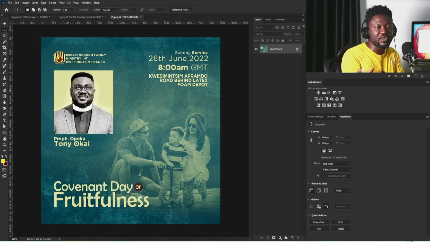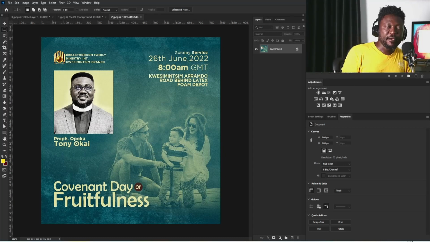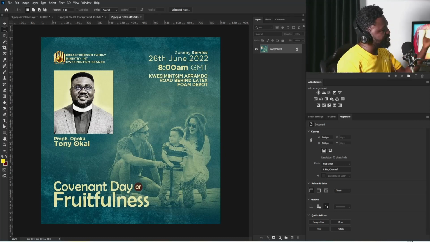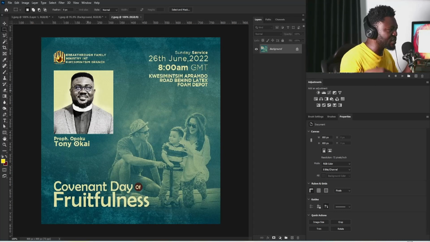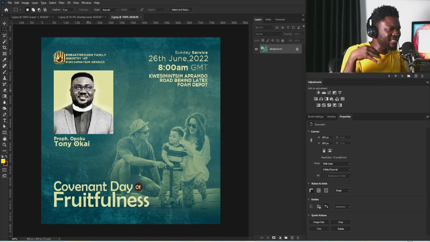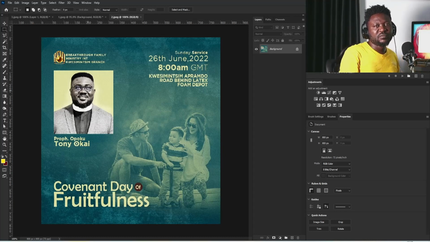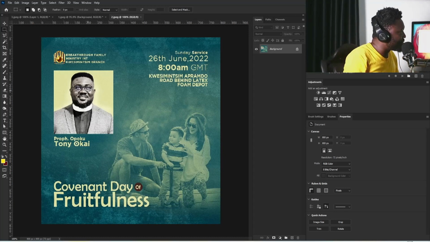Then you start putting the other information on the design. If you don't do that correctly, you'll just keep moving things around, and at the end of the day you still won't feel it. That's why this design is not looking okay at all.